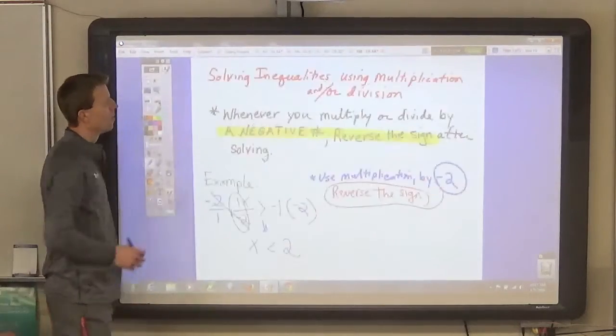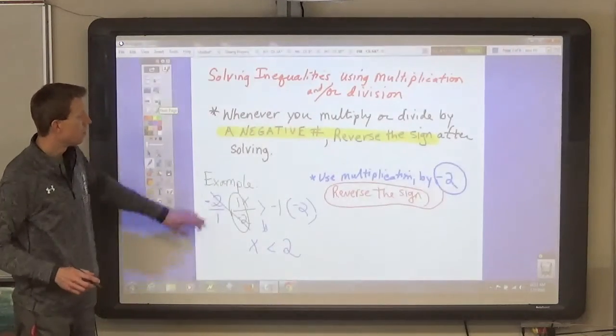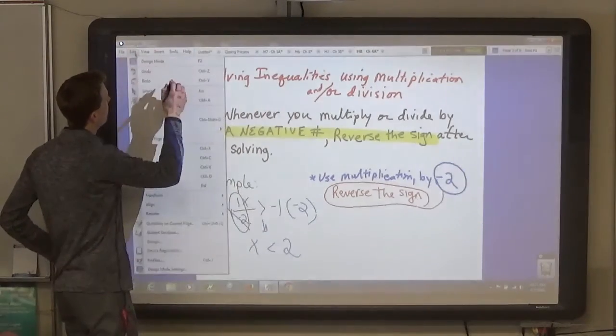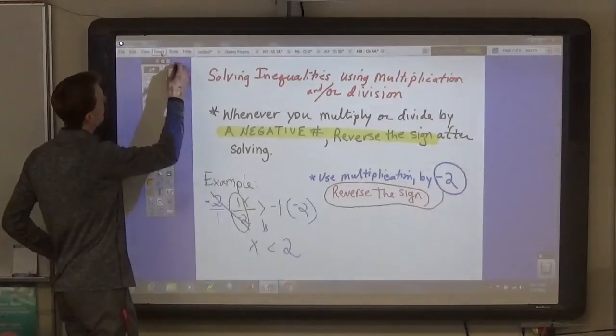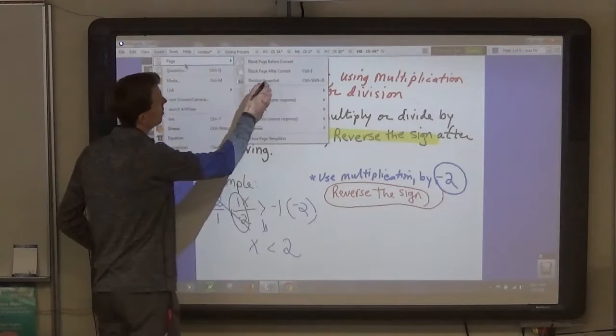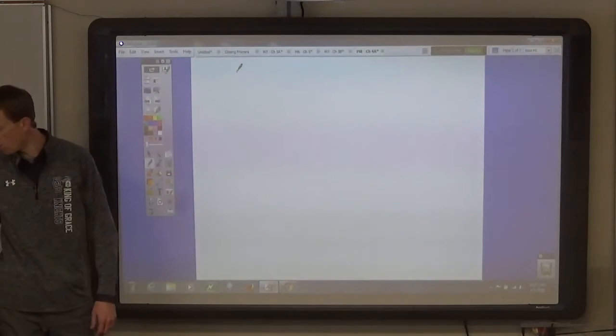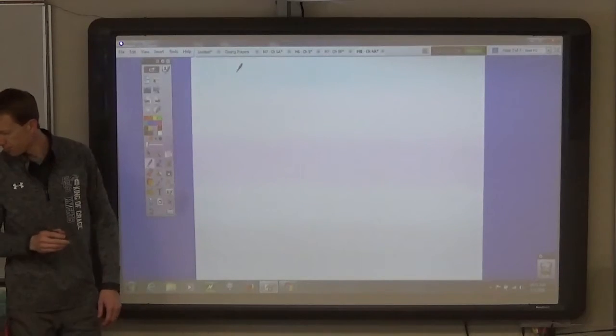Now, let's put one page in between here. Insert. What if we have an inequality like this?